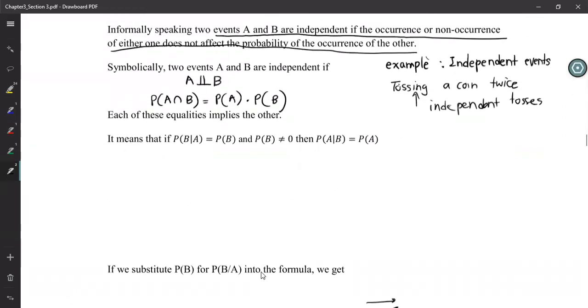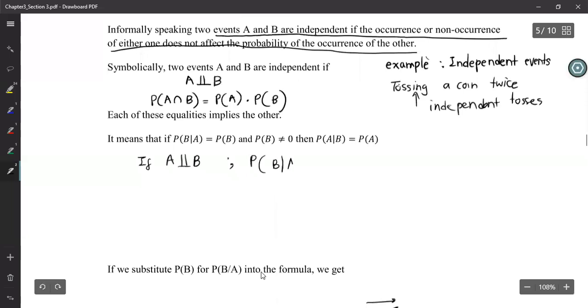Now, how do we get this? Let's try to explain this using the conditional probability. Now, if A and B are independent, what do you think about the probability of B given A? If A and B are independent, the given information of A, will that help?